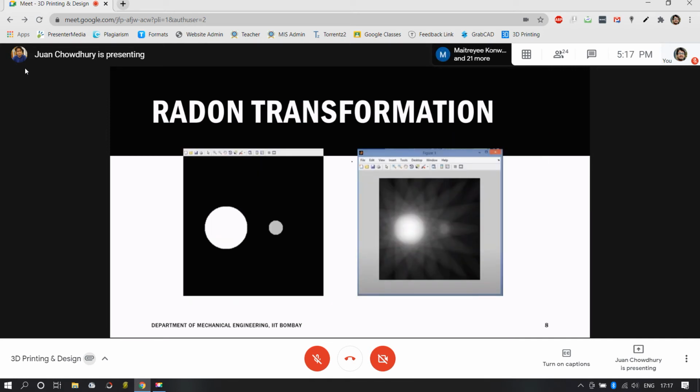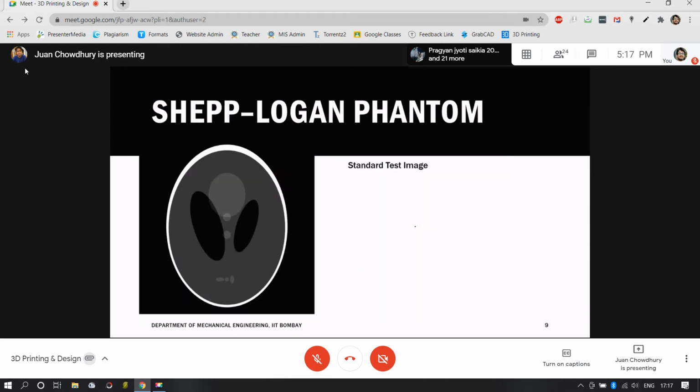As you can see, the Radon transform and back filter projection leads to some hazy pictures of two dots over here. Okay, so one standard test to accurately see how well your algorithm is working is to implement this Shepp-Logan phantom image.